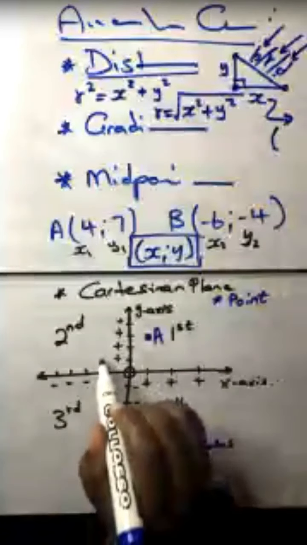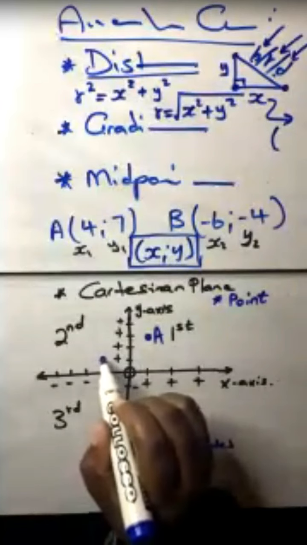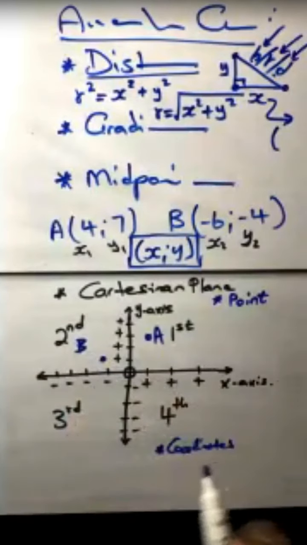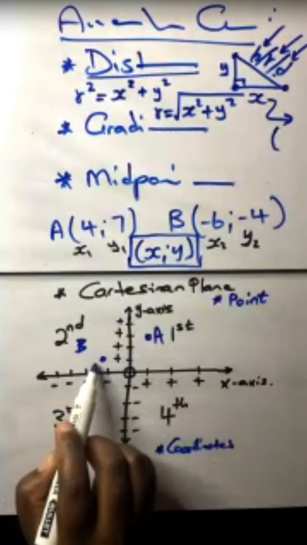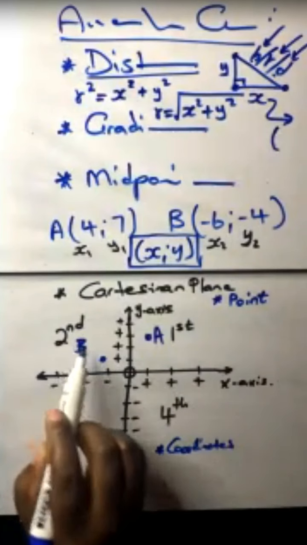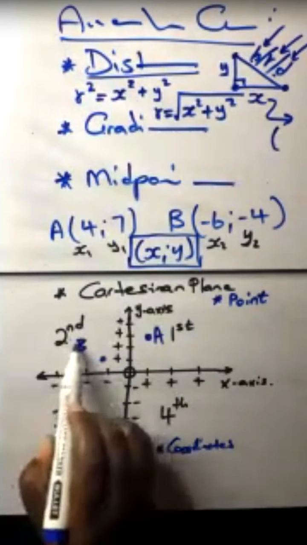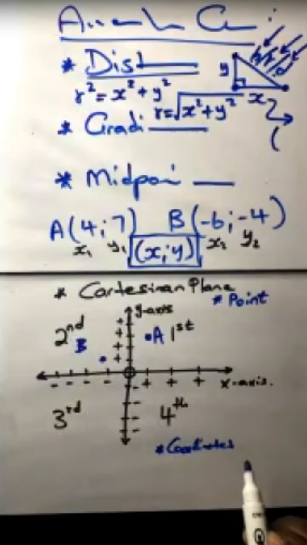You can also have a point in the second quadrant. So for now, let me just make a point there and call it point B. Can you see how far that B is from that point? So when we say point B, we are not talking about the position of that B, but we are talking about the position of that dot over there.